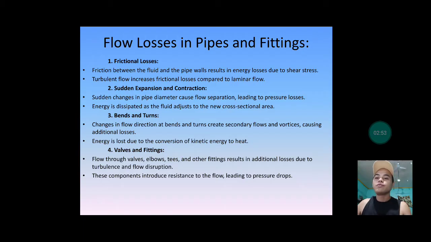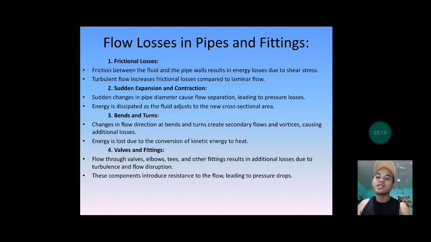So if you want to decrease losses, they will never be removed, but we can lower them. We have to avoid bends and turns, and sudden expansion and contraction, to prevent further flow losses.